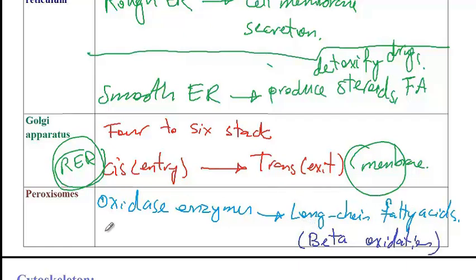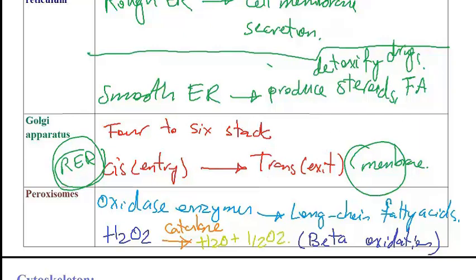And then there is usually H2O2 or hydrogen peroxide that is being produced as a byproduct of these reactions. And in order to defend against H2O2, because H2O2 is a reactive oxygen species, peroxisomes contain the enzyme called catalase that will break down H2O2 into H2O plus O2. All right.